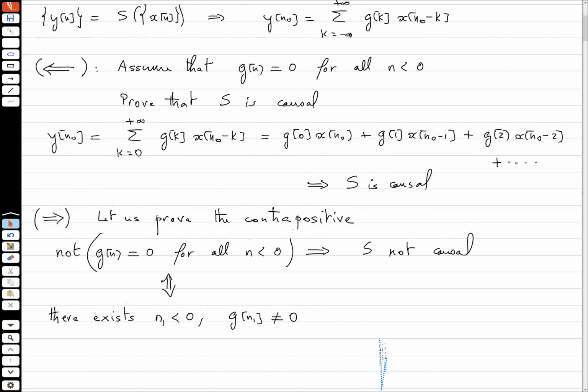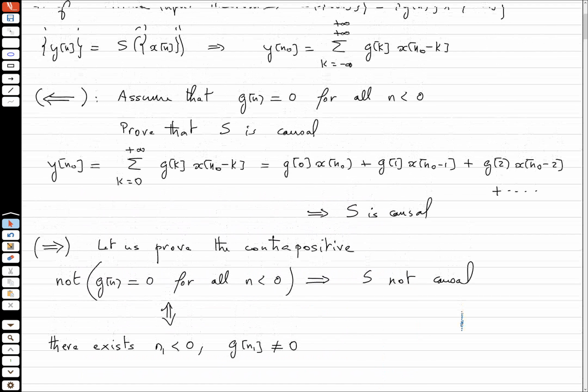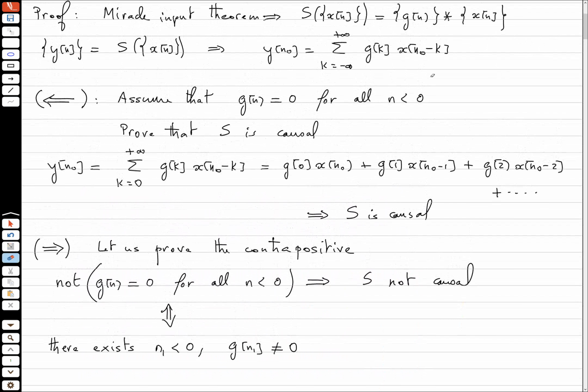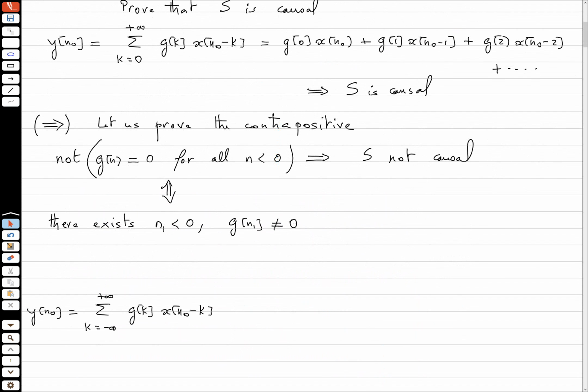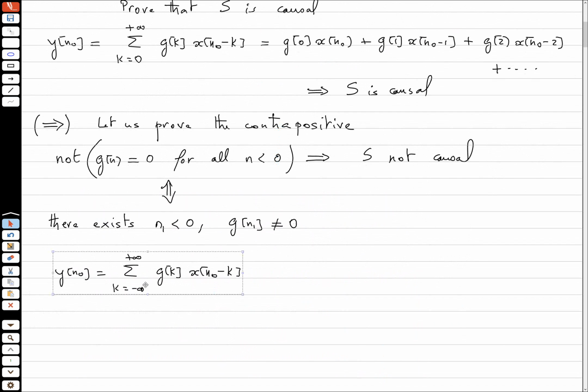Now, previously we showed that we have this formula. Okay, so we know we have this formula because the system is LTI, so the output is obtained by convolution. So let me rewrite this. All right.